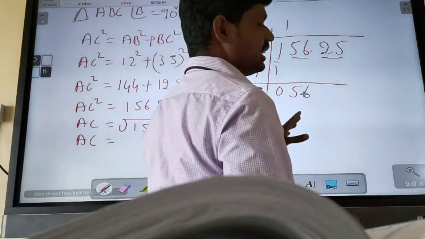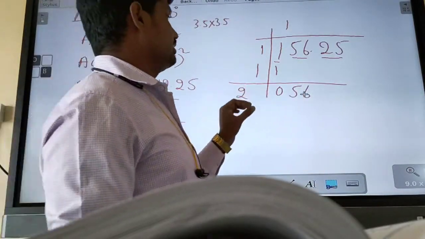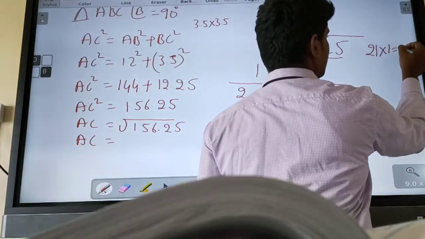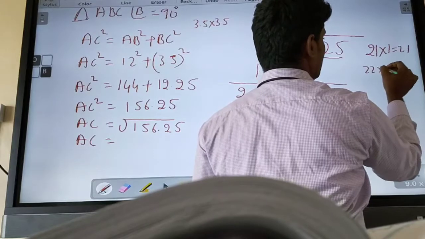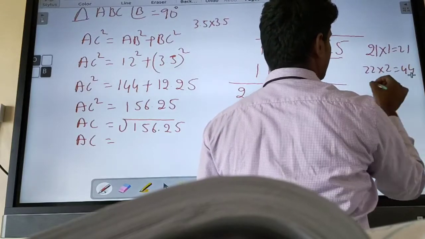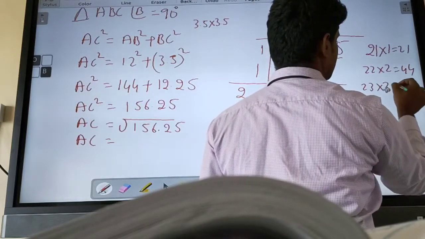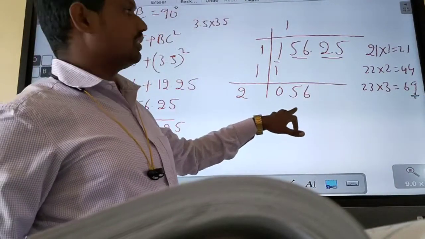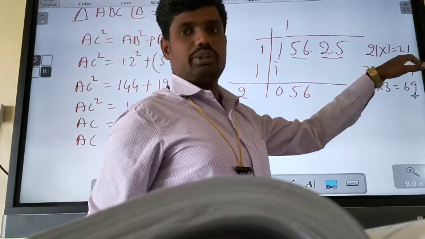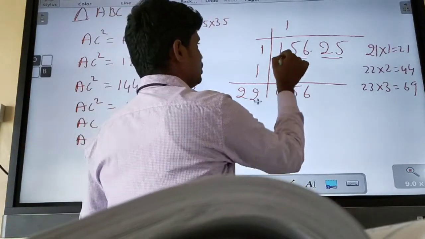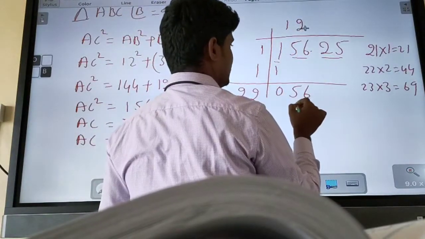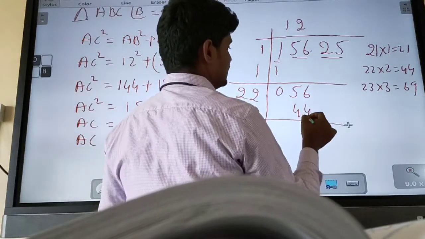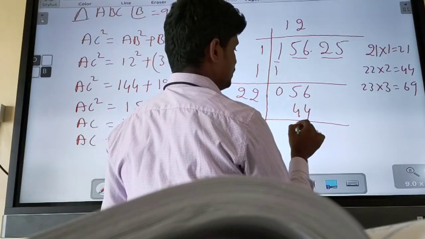See, children, you are already studying in 8th standard, no? You should take 21 into 1, 21. Next 22 into 2, 44. 23 into 3, 69. See, 69 is more than 56, so you should take 22 twos, which is 44. Now subtract it, children.